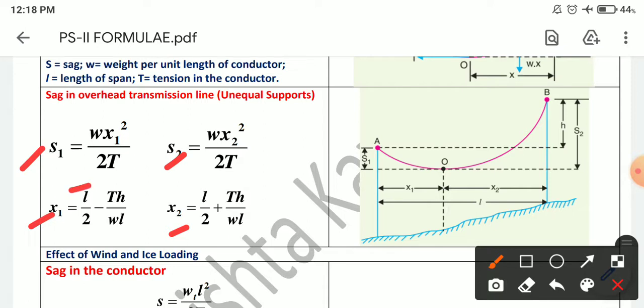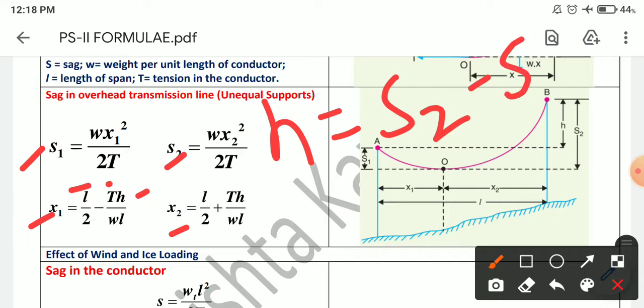Here L is the span length, T is the tension in the conductor, h is the difference in level between the two supports, and W is the total weight of the conductor. Note that x1 plus x2 is equal to L.